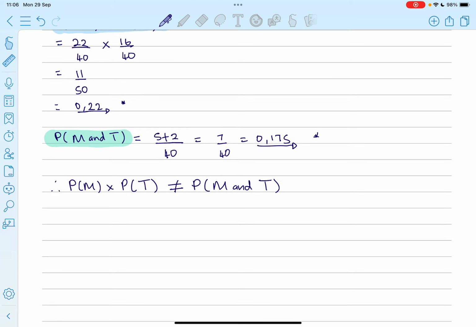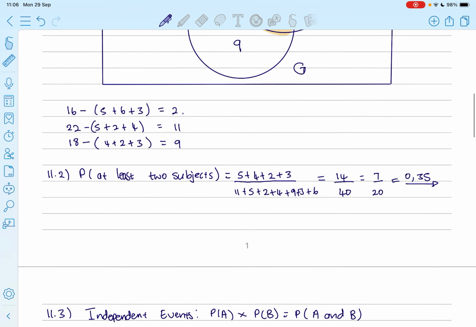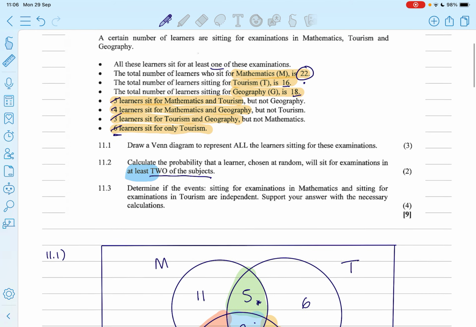And putting this in words, it means that events M and T are not independent. Oh, not a typo. Independent. There we go. And that's it for question number 11.